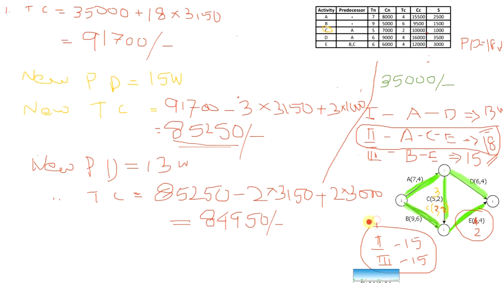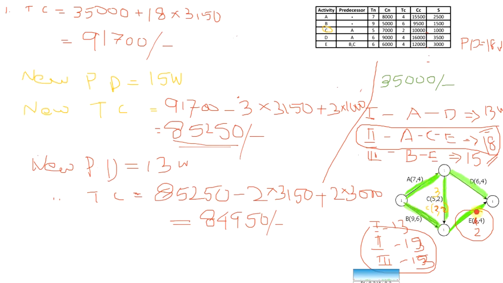Therefore the first path is 13, the second path is 13, and the third is also 13. All the paths have the same project duration, and therefore all the 3 paths are critical paths.